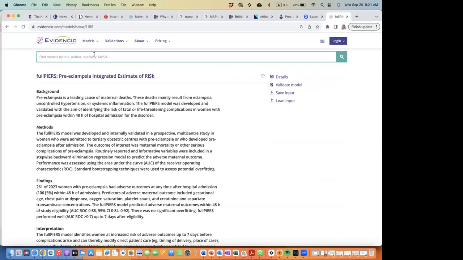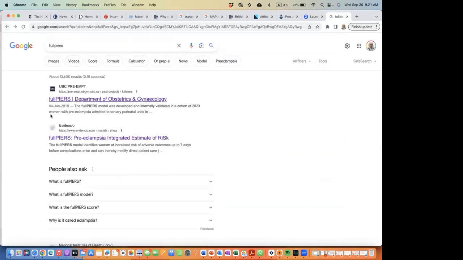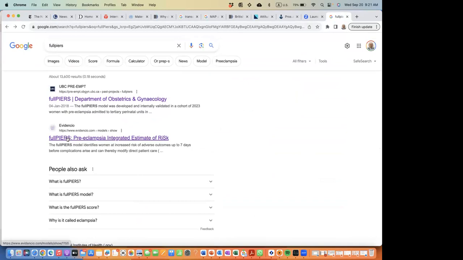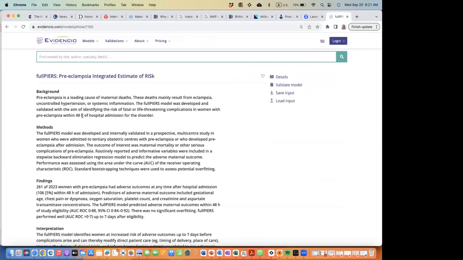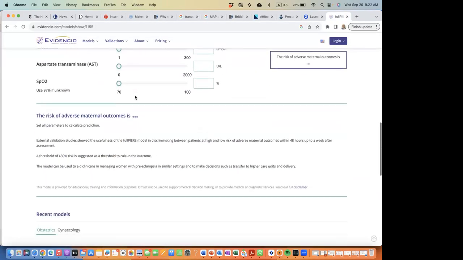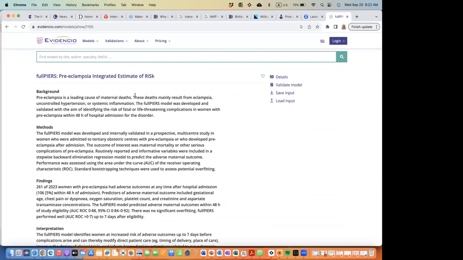So Evidencio is the site on which, if you search on Google, fullPIERS, this department of certain obstetrical unit, you go on Evidencio and it is available for everyone. Background, method, findings, interpretation, and then downwards you calculate that. So this is how you calculate the risk assessment of the women in these cases. That's important, and you should know about this and how to do it.